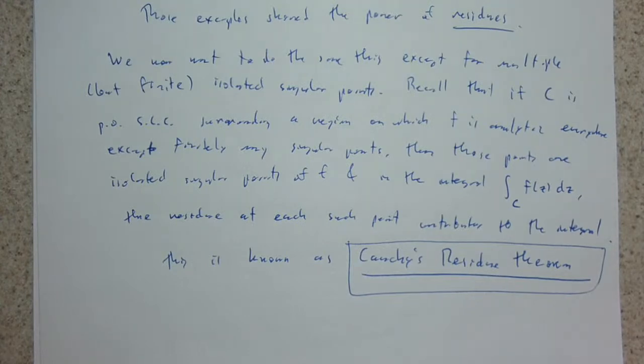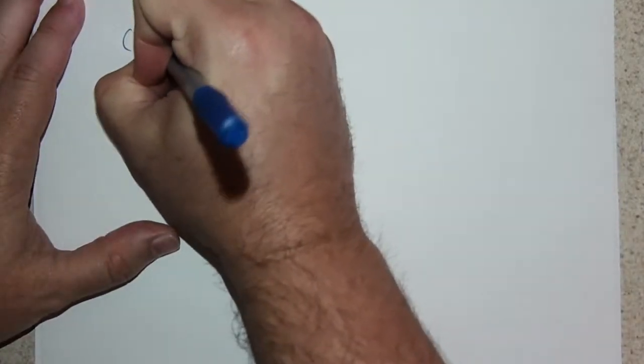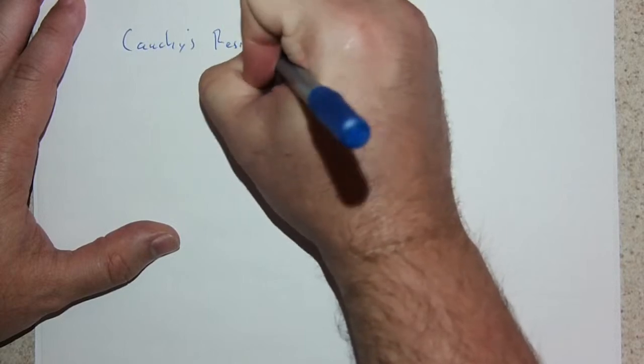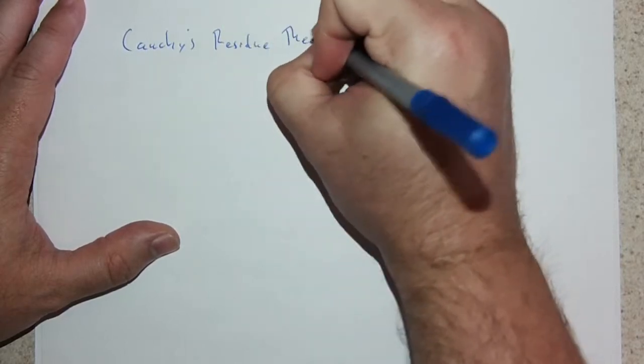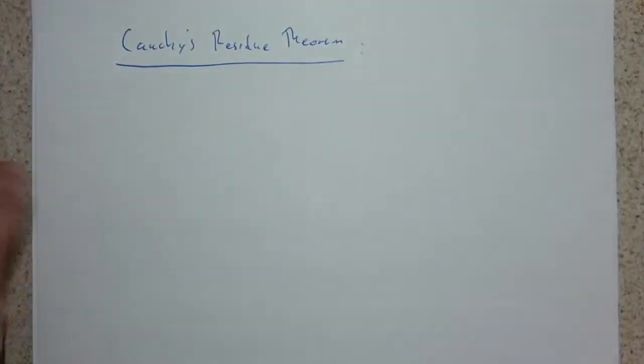Okay, and so what is Cauchy's residue theorem? What does it say exactly? Cauchy's residue theorem, or more simply known as just the residue theorem, is the crowning achievement of this course, because it is the fact that computationally is going to let you compute all kinds of crazy stuff.